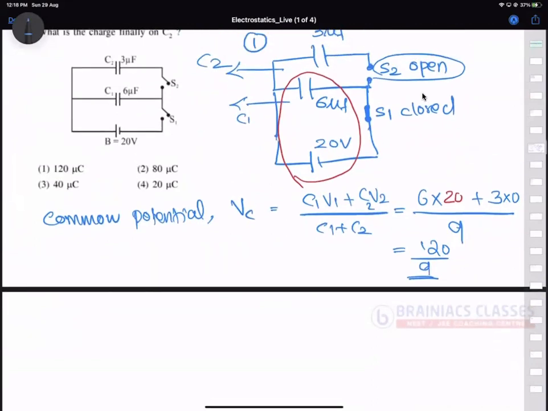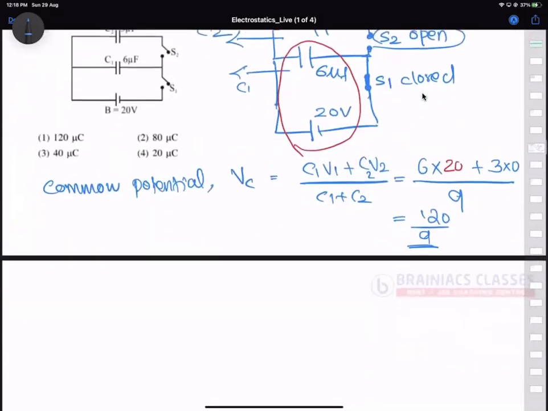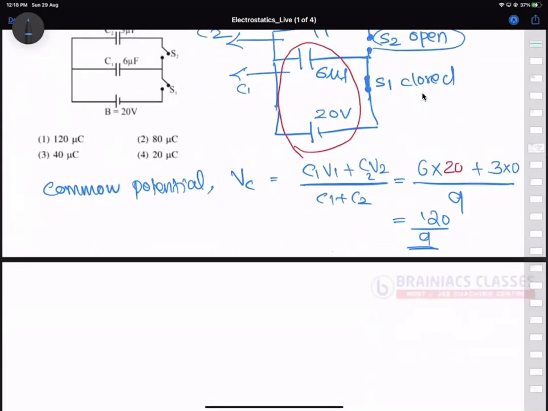Now the question is the charge on C2. What will happen now? First S1 is closed, then it is opened. Then afterwards S2 is closed.